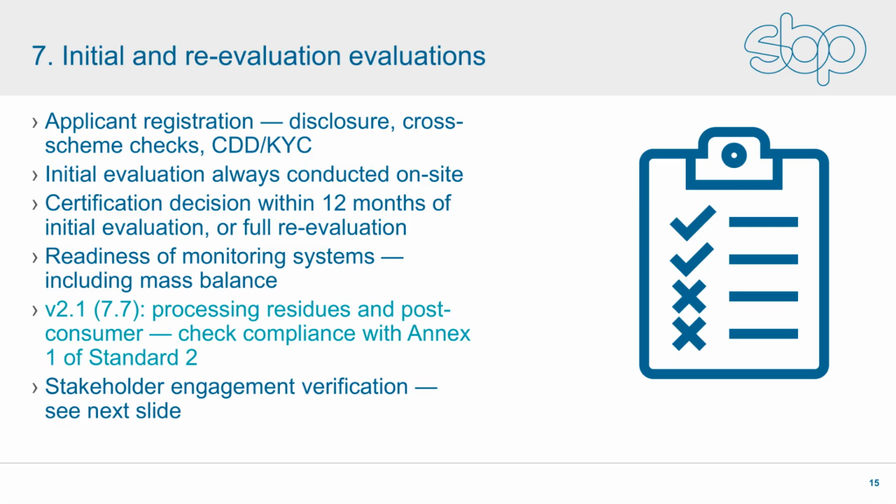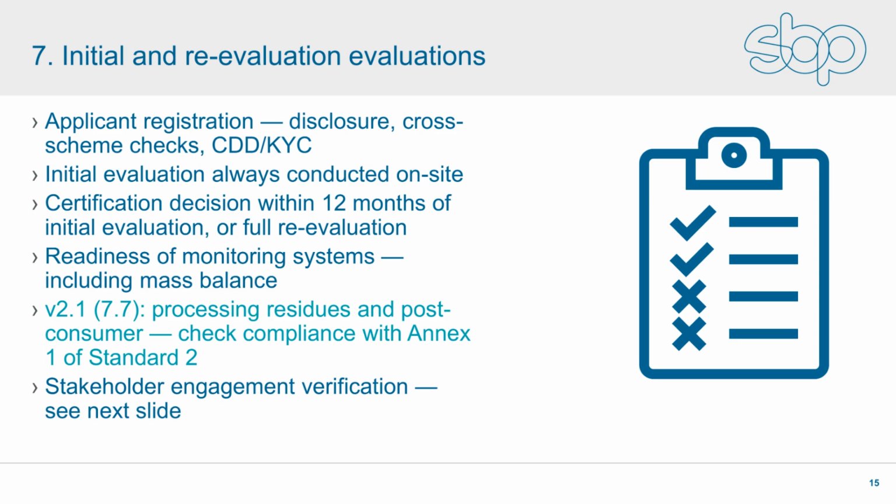The certification body must then check other scheme certificate lists for the applicant's name or former name and perform a customer due diligence or know your customer check, particularly for companies with a limited trading history. This was inspired by EU RED requirements and is especially useful in light of recent FSC certificate terminations and blacklistings.